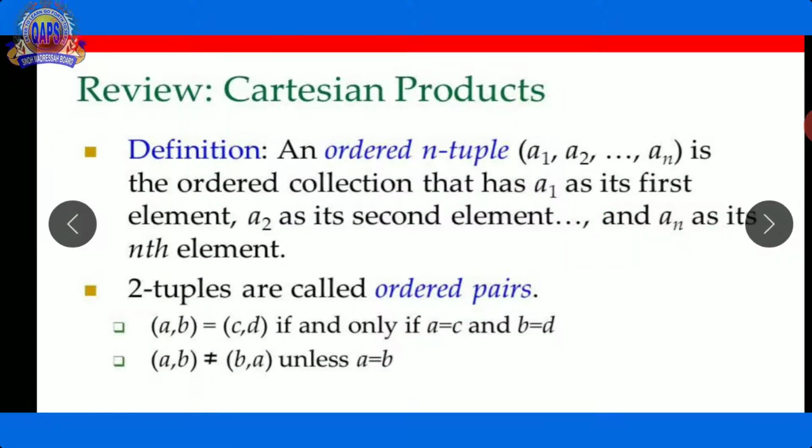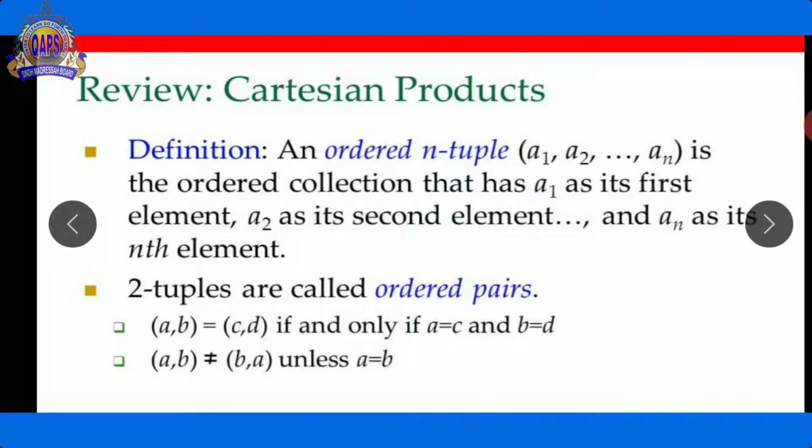As you know, students, the definition of Cartesian product we have already done, but now we repeat it again in this lecture because the relation topic is our main and basic topic. That's why we review this topic.